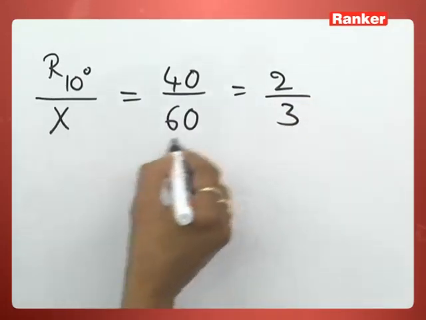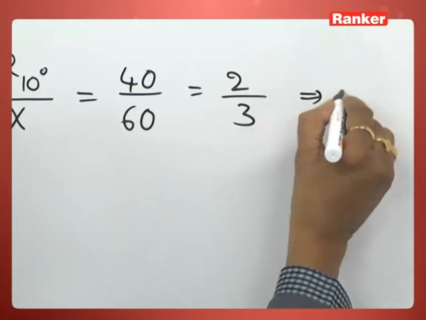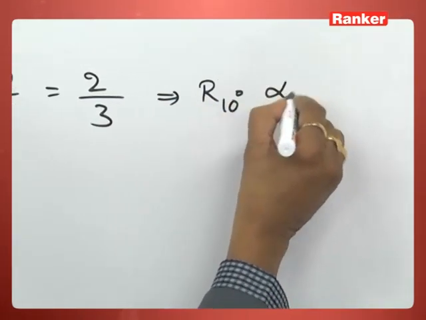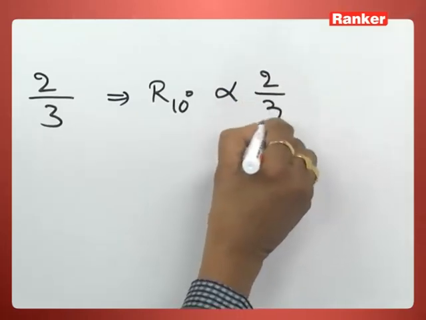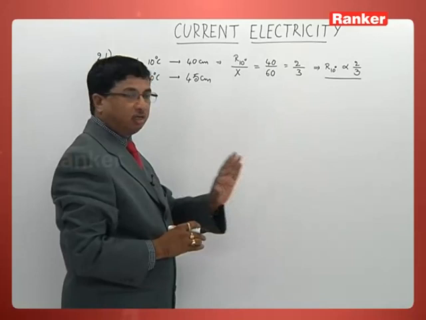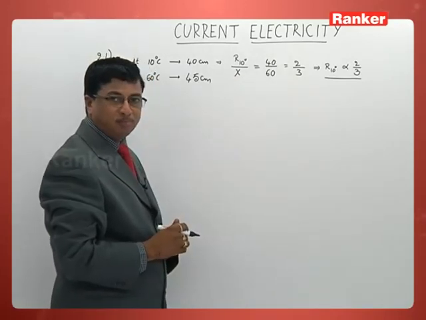This implies R at 10 degrees centigrade is proportional to 2 by 3. That is what I can take for granted.